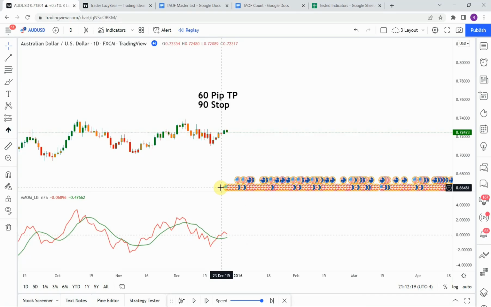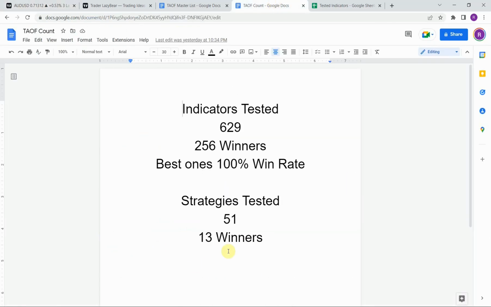Alright, as I said, today we will be testing the anchored momentum indicator. Before we do though, I wanted to put the testing scoreboard up for everyone to see. So to date, we have tested a total of 51 different strategies, with 13 of them being profitable. We have also tested a total of 629 indicators, with 256 of them being winners.